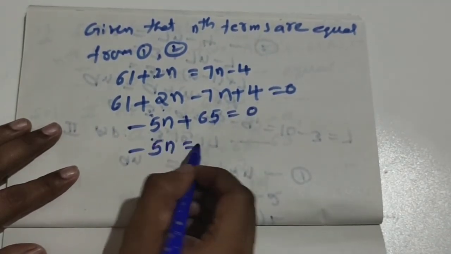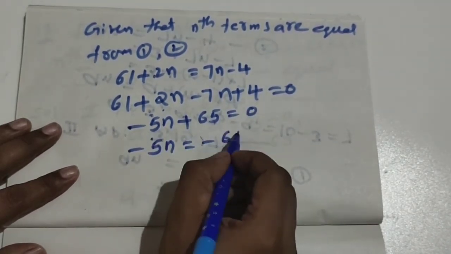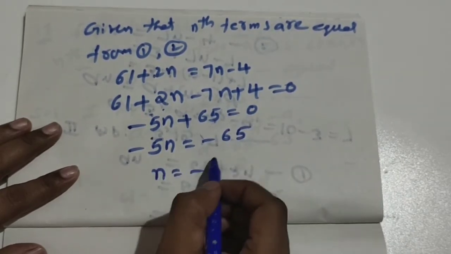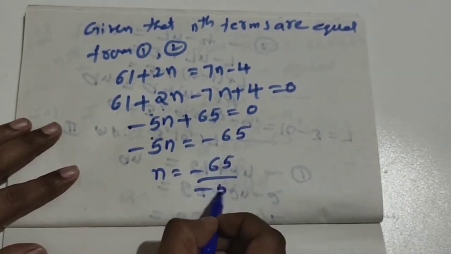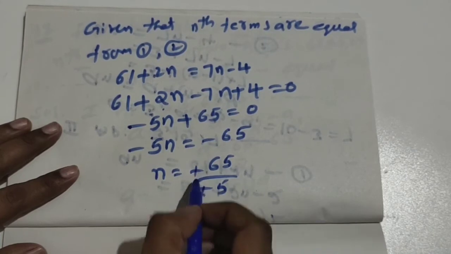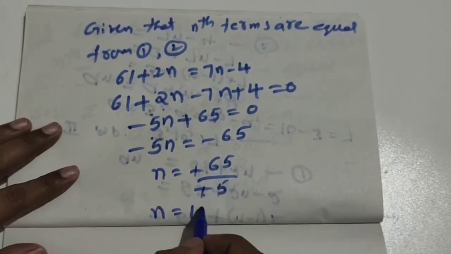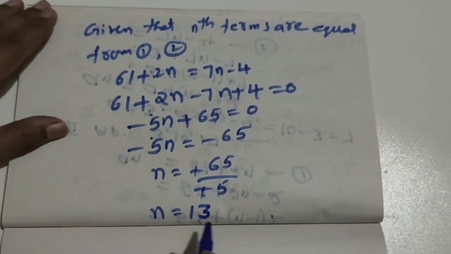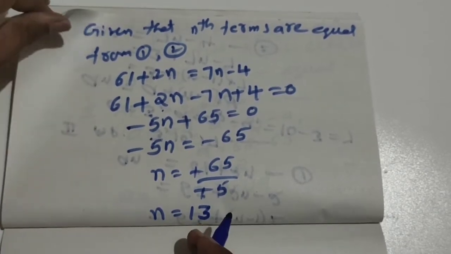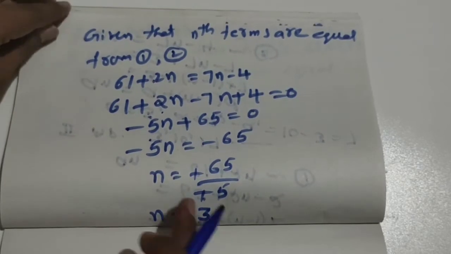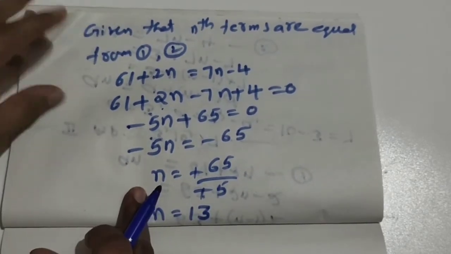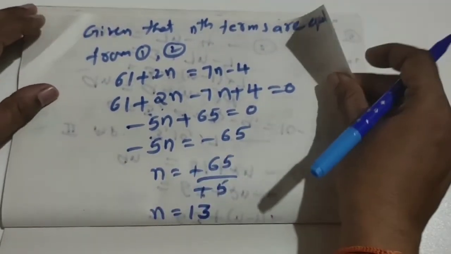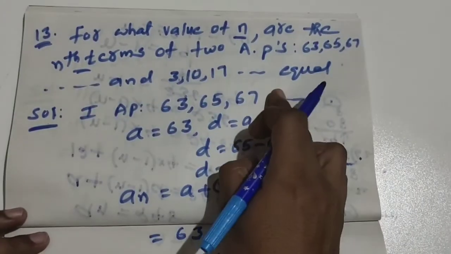So minus 5n is equal to, taking the 65 to the right side, minus 65. n is equal to minus 65 by minus 5. 5 gets cancelled, we get n is equal to simply 13. That means the 13th terms of both the APs are equal. That is, the 13th term of the first AP and the 13th term of the second AP are equal.